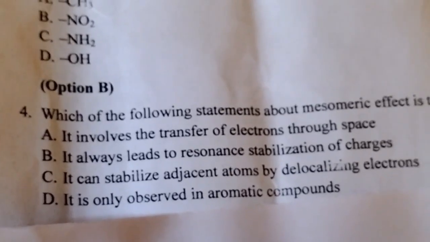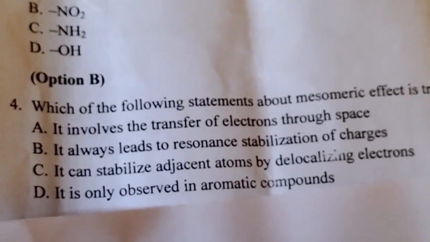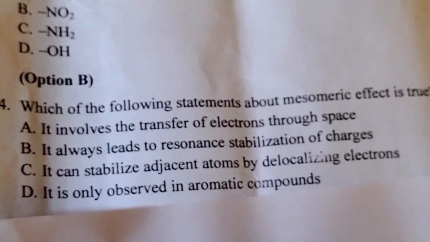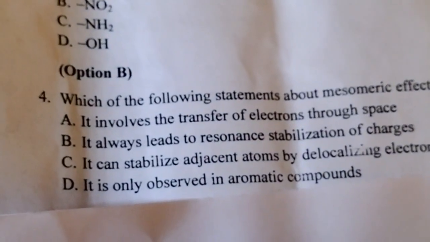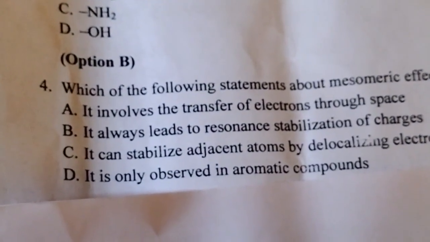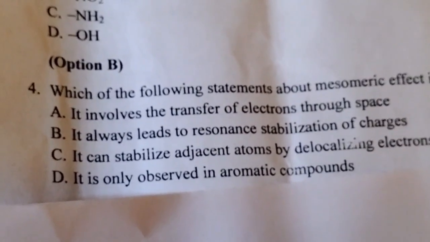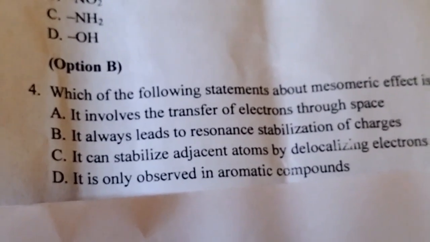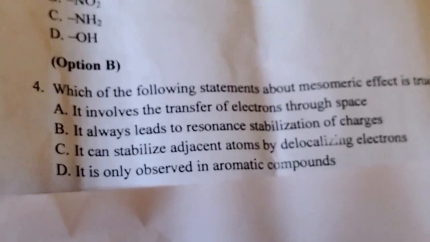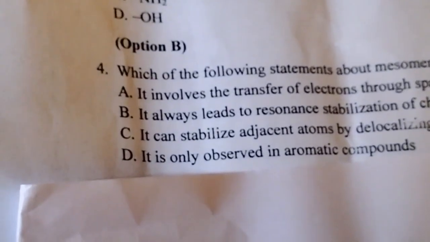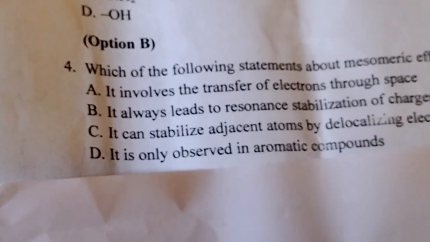The nearest answers are option C and D. C says it can stabilize adjacent atoms by delocalizing electrons. And D says it is only observed in aromatic compounds. So D looks like the answer because aromatic compounds are conjugated. But the answer is not D. Why is it not D?